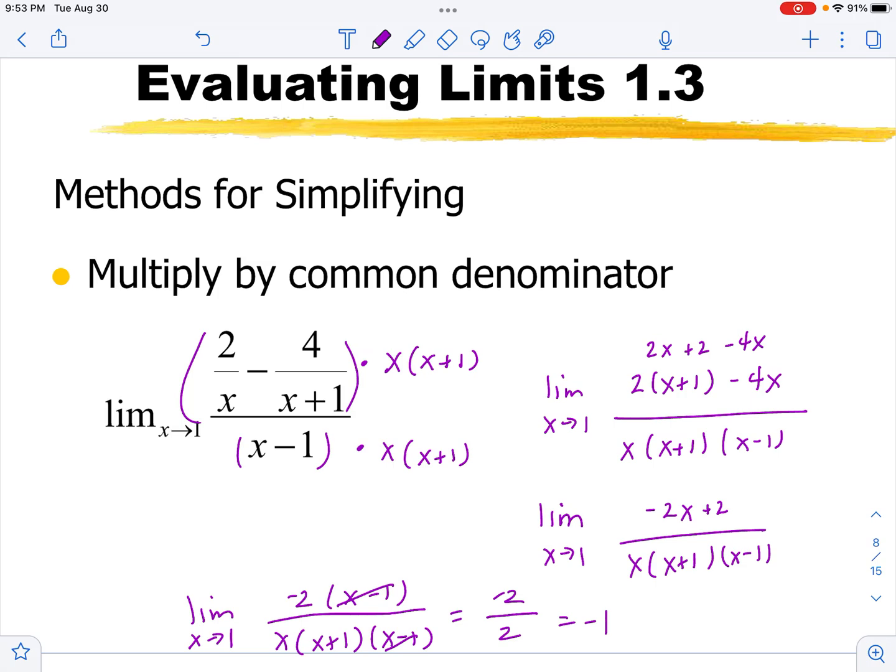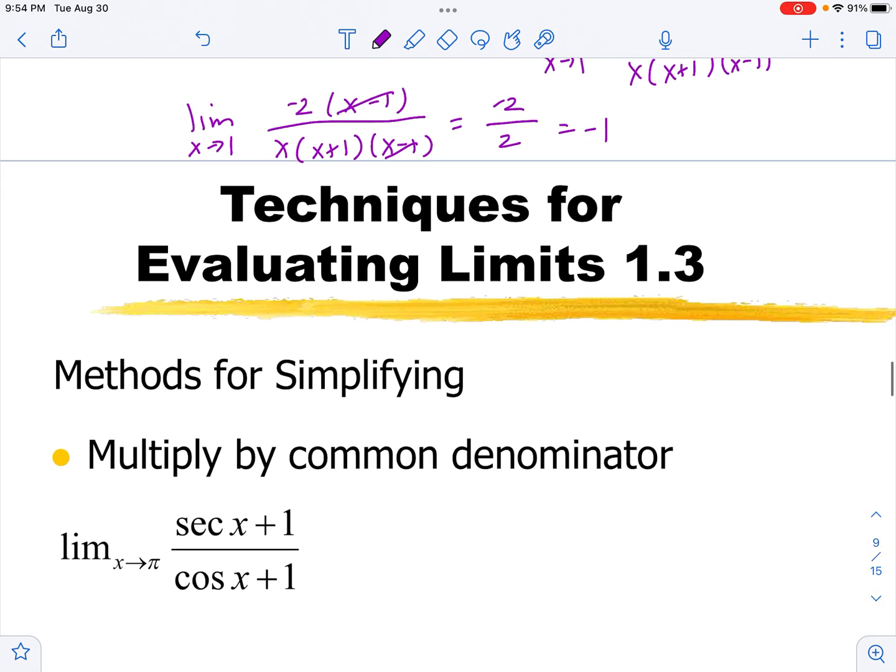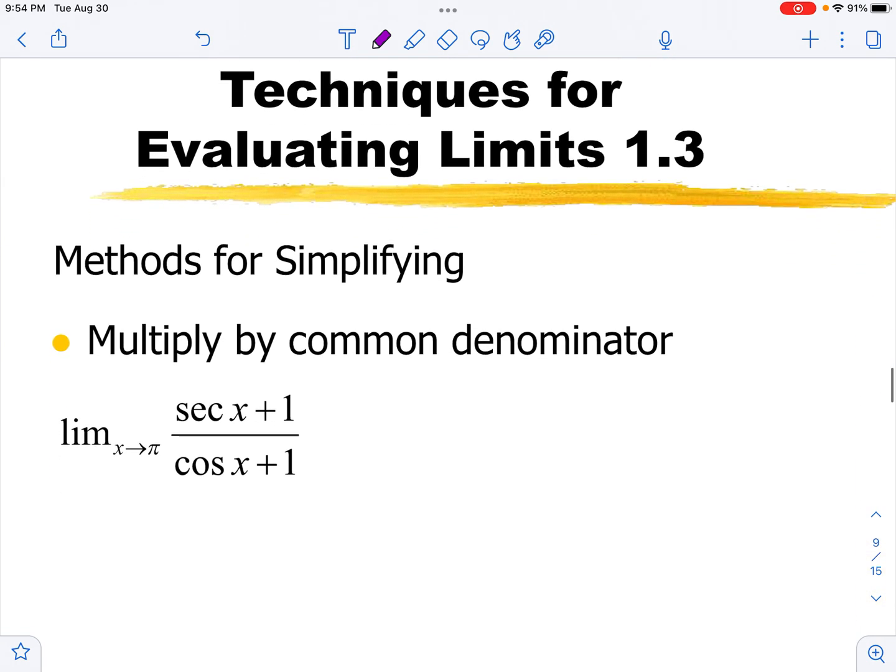We have where we factor and cancel like terms. We have multiplying by a conjugate and finding that common denominator. Now, it gets a little more complicated when we get into our trig functions, because you don't see this as multiplying by a common denominator. But if you think back to what we've learned in trig, we have the limit as x goes to pi, but we can rewrite secant.